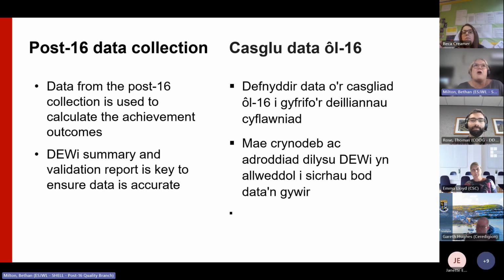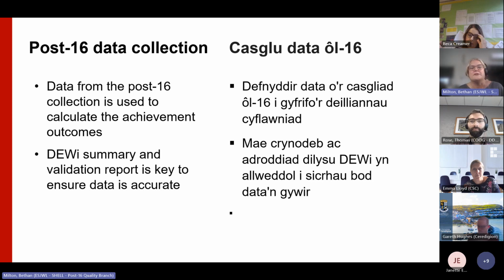So as part of the data collection process, we've developed 2 reports which look at validation and summary data. So it enables you to have a quick snapshot to see whether the data that you're submitting as part of this collection is accurate.